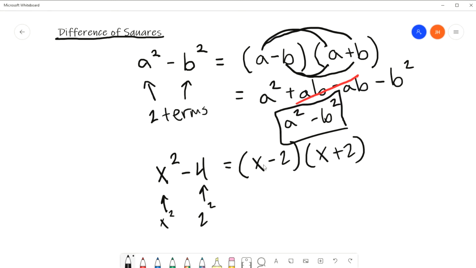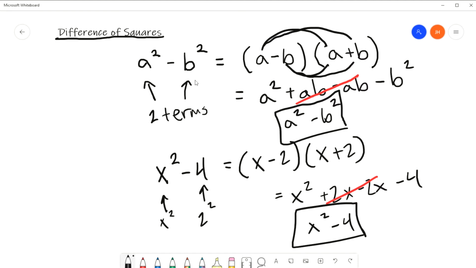Try it down here. x minus 2 times x plus 2. If I multiply it out, I get x squared plus 2x minus 2x minus 4. So 2x and minus 2x cancel out, and I'm left with x squared minus 4.